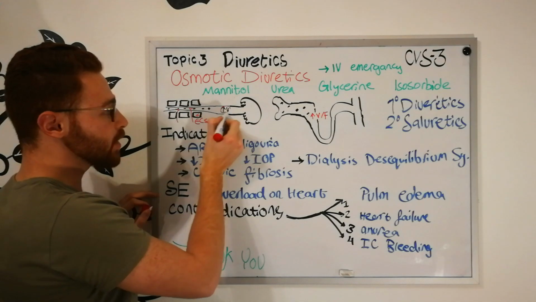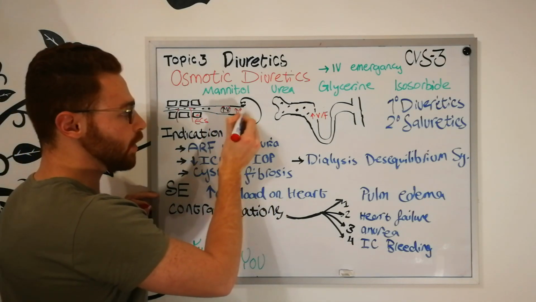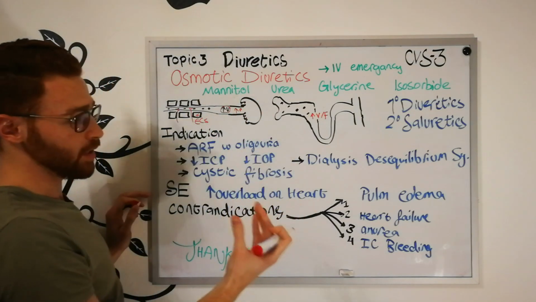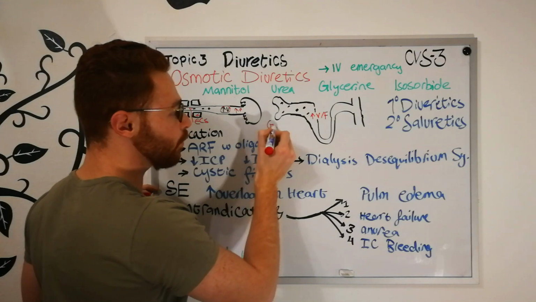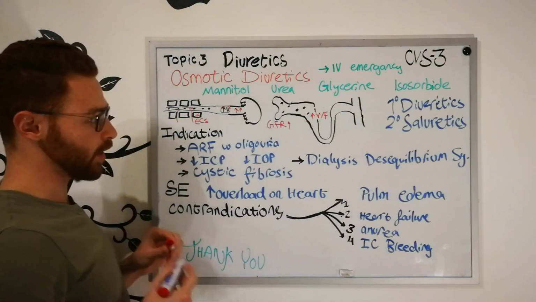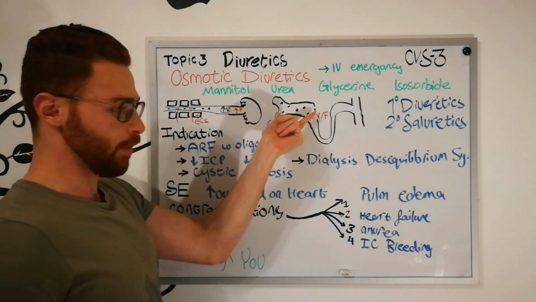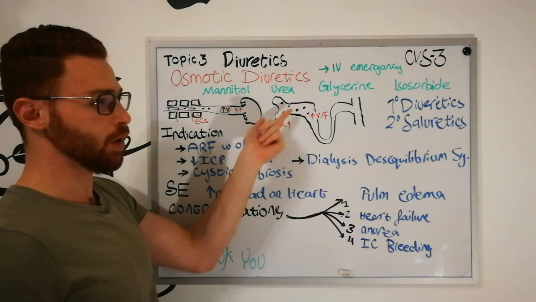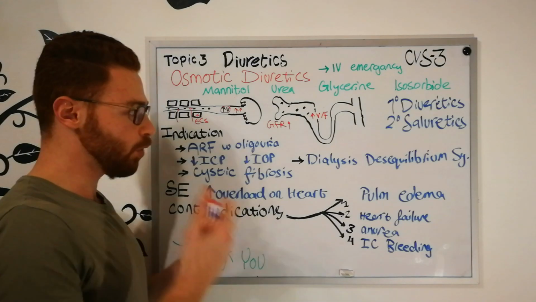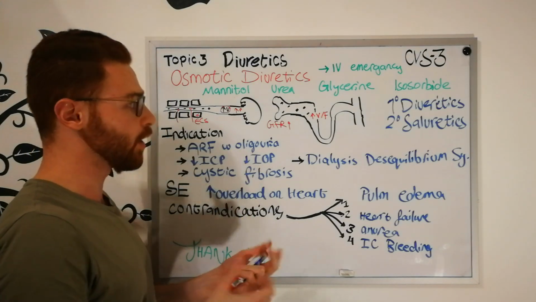This is going to increase the volume of the blood, and this is going to increase the perfusion of the kidney. Now, when the perfusion of the whole kidney is increased, this means that the glomerular filtration rate at each nephron is going to be increased, right? Now, the osmotic diuretics are in the nephron, and there is a huge volume reaching the nephron as well, which means that the flow through the nephron is going to be really fast because the volume of the water is really high, right?